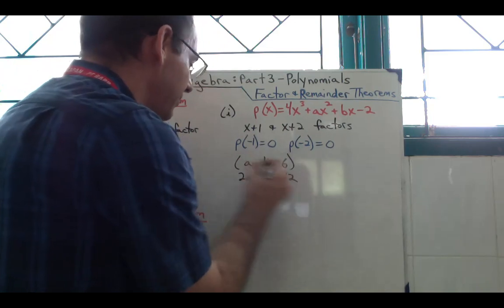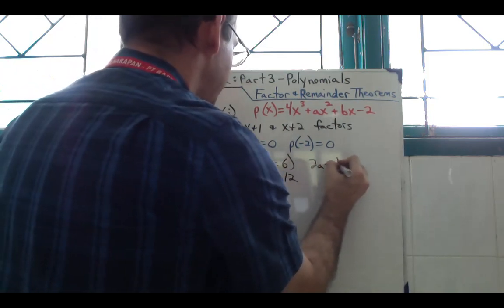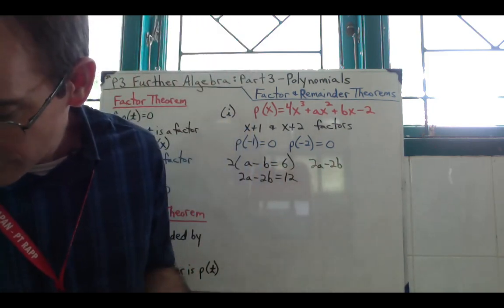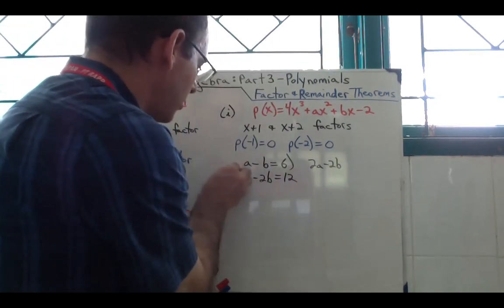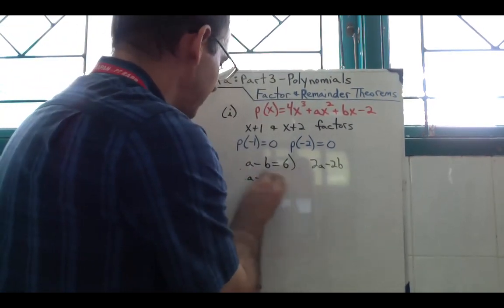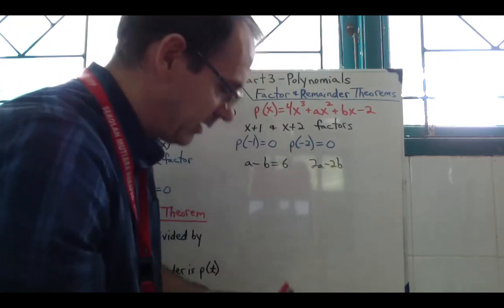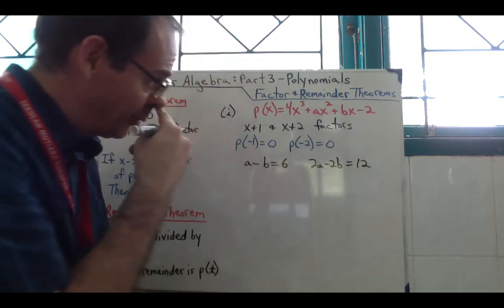We can multiply this one by 2, and we get 2a minus 2b. Oh, that one was already multiplied by 2. Sorry, I gave the wrong one down here. This 2a minus 2b equals 12 is the one after multiplying it by 2.